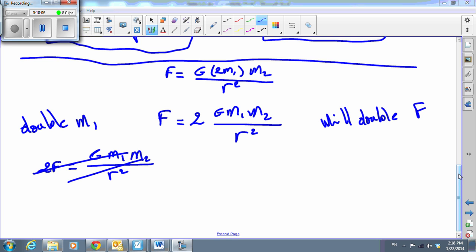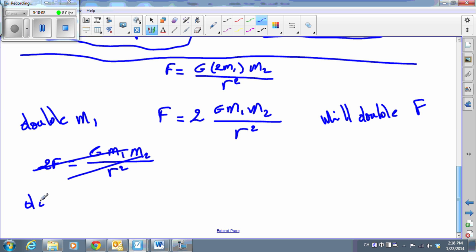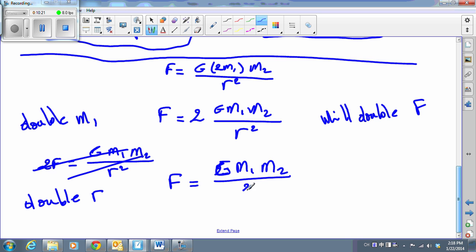Instead of this, I would like to double R. If I double R, I get F equal to G M1 M2 over 2R squared.